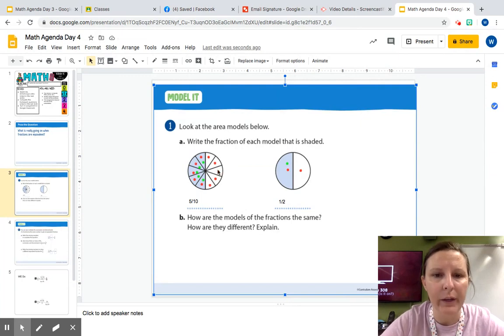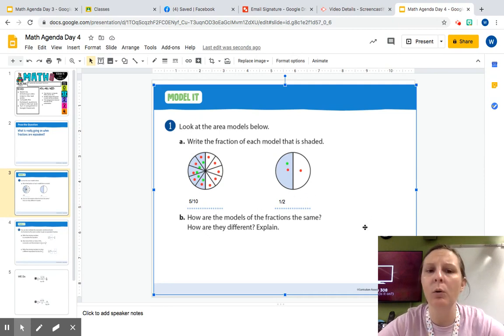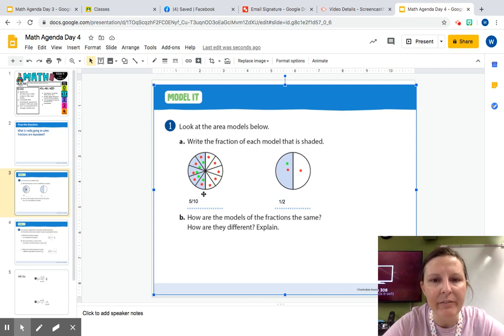Okay, so we have 5/10 on this one, and we have 1/2 on this one. So we have different numbers on each side, but these fractions are equivalent. They're equal to each other. How does that happen? How can we have different numbers, but they're still equivalent? If you just look at the pictures, half of this one is shaded, and half of this one is shaded too.